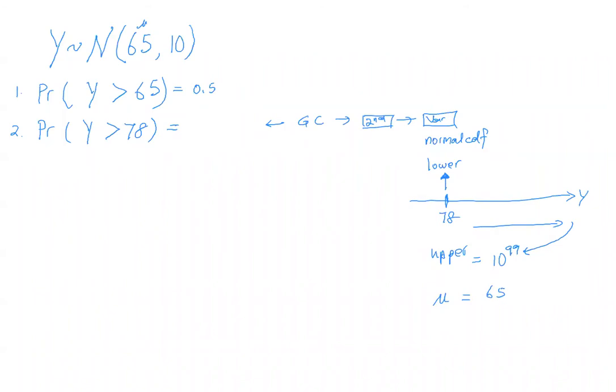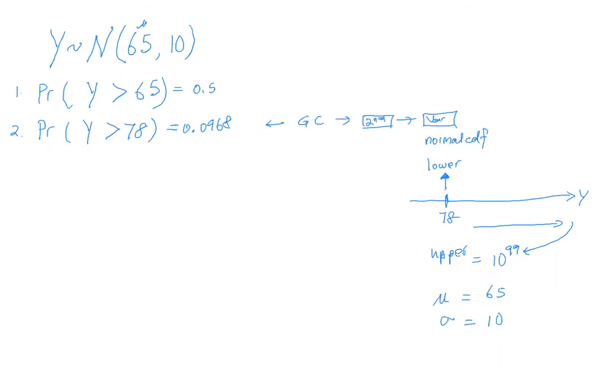The next number is the standard deviation, that is 10. So what is your answer? 0.0968005494. Okay, you got that. 0.0968, I rounded off already. You have to write down, then round off. So now you know how to use your GC?